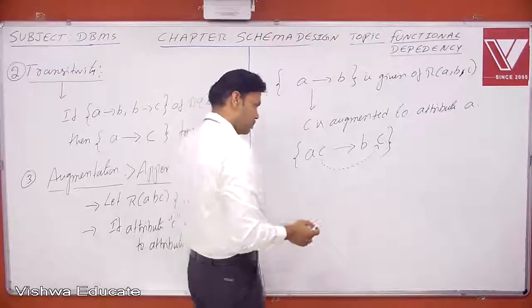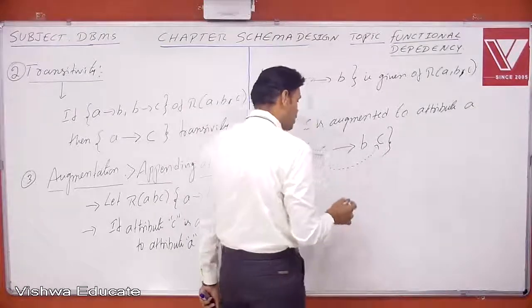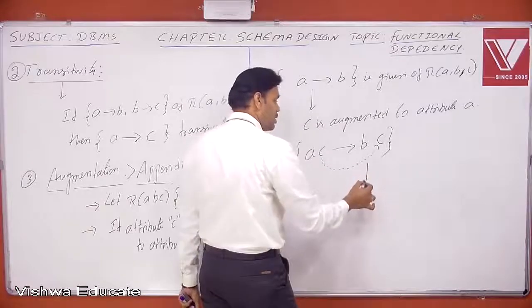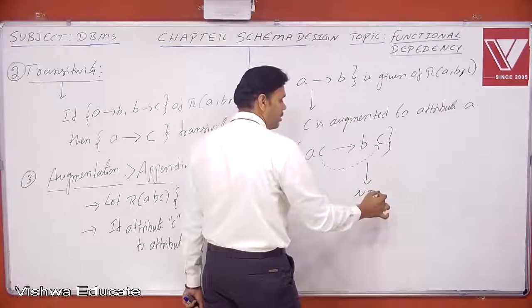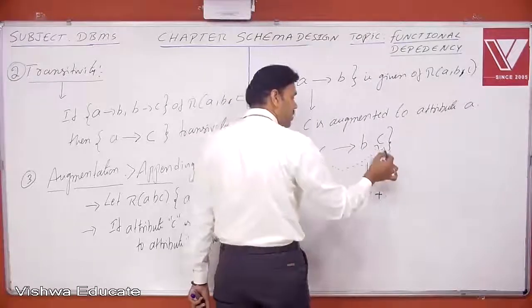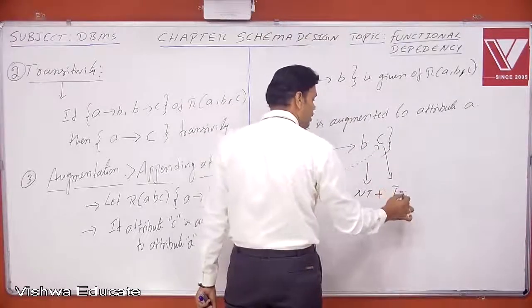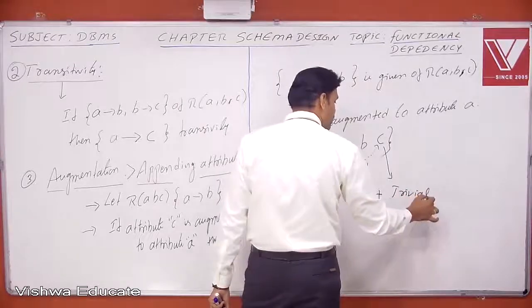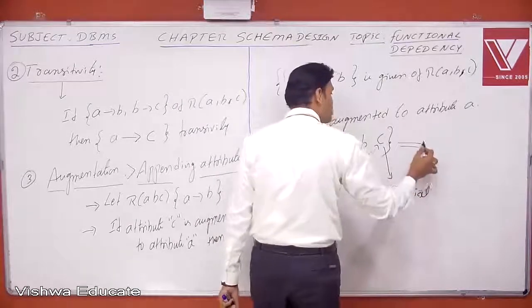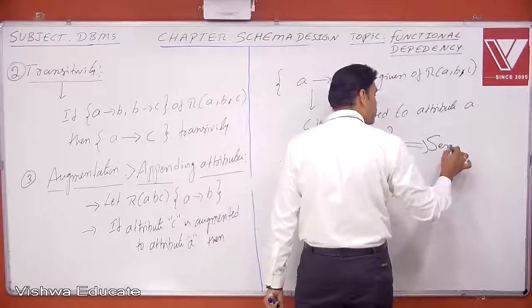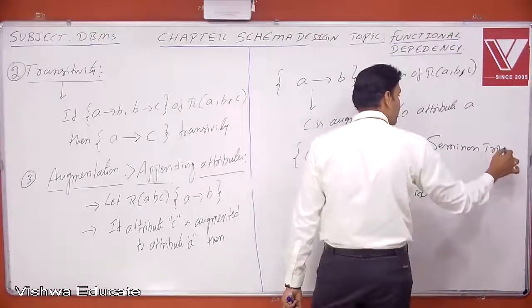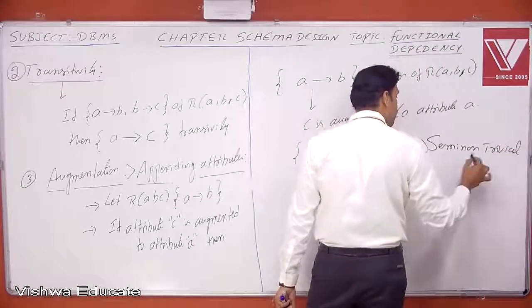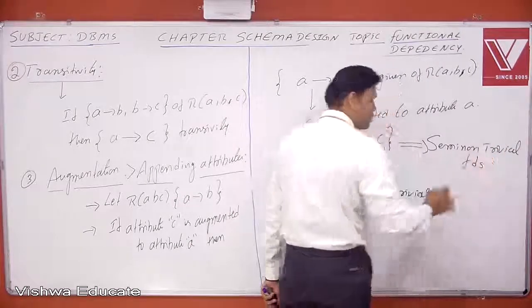So we get a new production: AC to B, this is non-trivial, and AC to C, this is trivial. So overall this production is one trivial, one non-trivial, which is nothing but a semi non-trivial functional dependency.